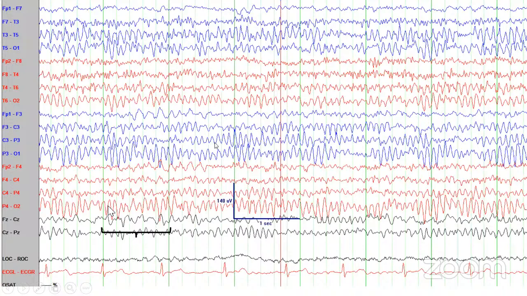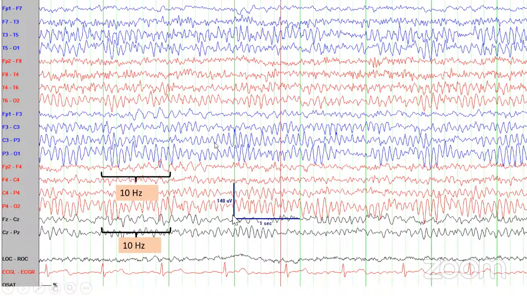On the right side, if we count, it is 1, 2, 3, 4, 5, 6, 7, 8, 9, 10, so it's around 10 to 11 hertz. And if we look at the left side, similarly, it is around 10 to 11 hertz. This bar just shows that the time between the two green lines is 1 second. That is why we are calling these posterior dominant rhythms 10 to 11 hertz.